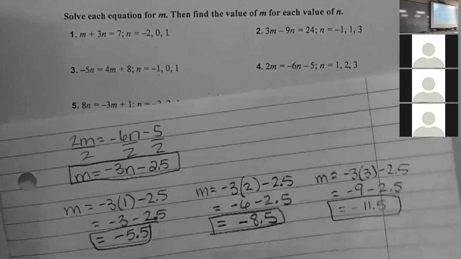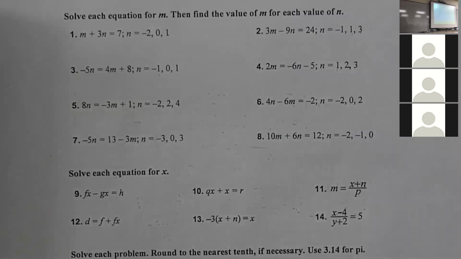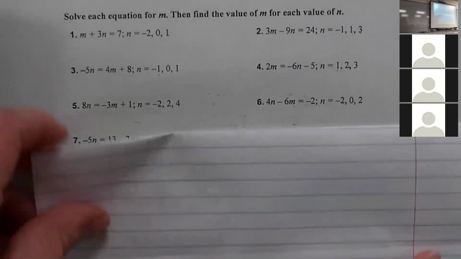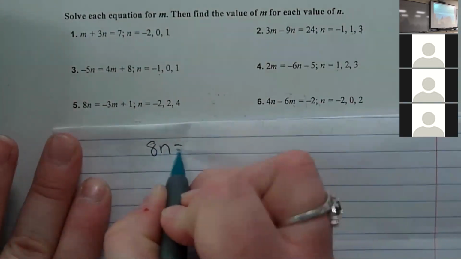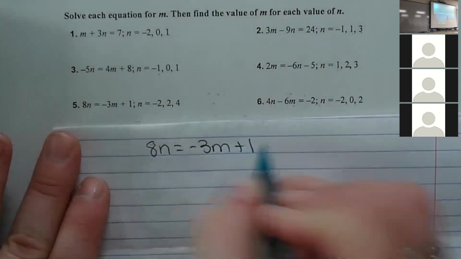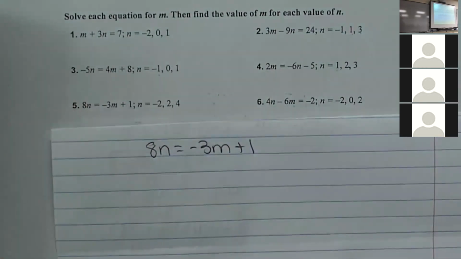Okay, moving on, number 5. So we got 8n equals negative 3m plus 1. Okay, again, we want to get m by itself. Cover it up. How do I get rid of that plus 1?